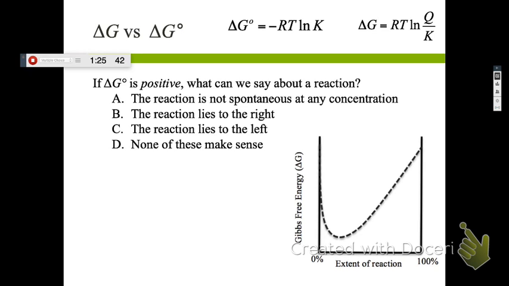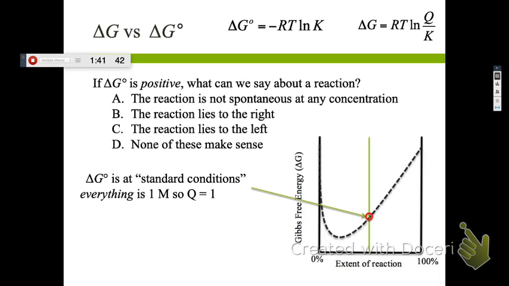So, this is exactly what I want you guys thinking when you have a positive Gibbs free energy at standard conditions. Where is Q in this reaction? Where would I draw Q? Tripty? So Q is right there. So that means that in this standard state right here, if we were to let this reaction go to the most stable mixture, it is going to favor a higher proportion of reactants than products.